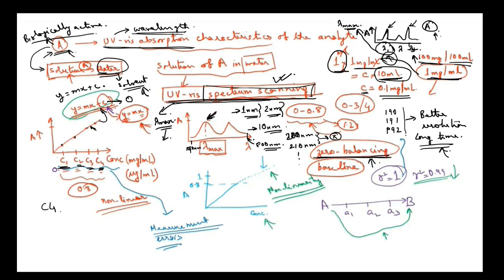Now, this zero balancing is also called baseline removal, because we are talking about analog sensors, right? Now these analog sensors will also have some deviations. So due to the solvent, whatever absorption is happening, you have to balance it.